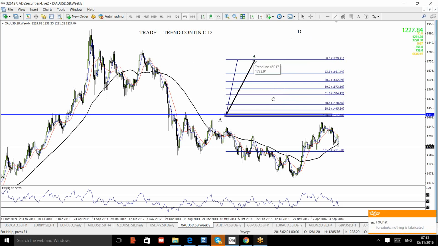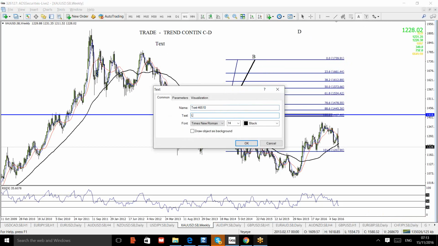When the price is coming to the downside, you need to see that the price rejects at any retracement level. Look for price rejection at retracement levels, guys.